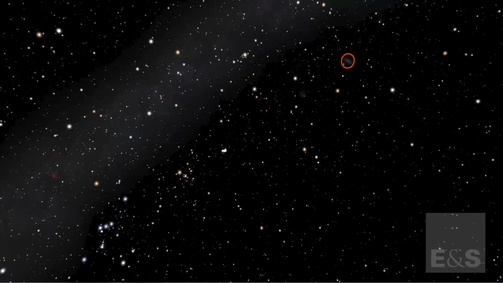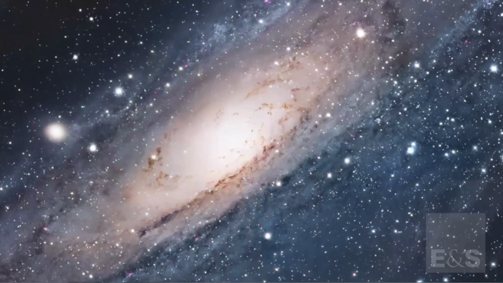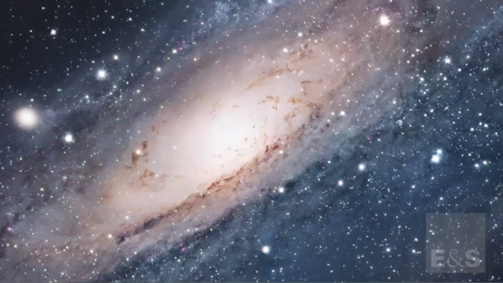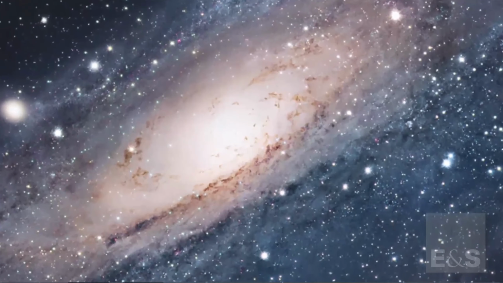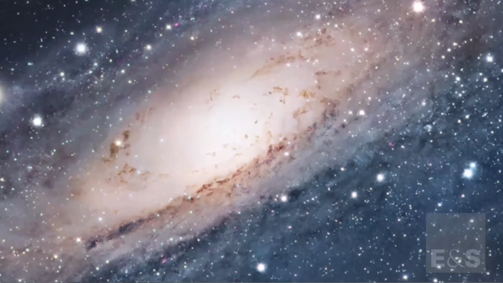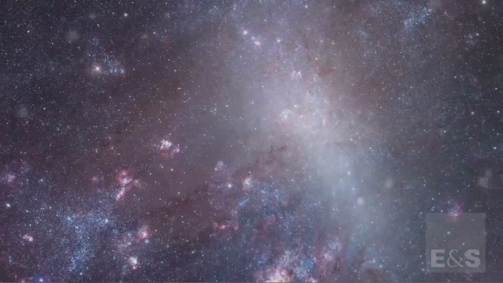In the October skies from Earth, we can see, even with the unaided eye, the nearest big galaxy to us, Andromeda. Perhaps twice the size of our own Milky Way, it takes 2.5 million years for its light to reach us. Close images of the Andromeda galaxy clearly show the great clouds of gas and dust where stars are forming.